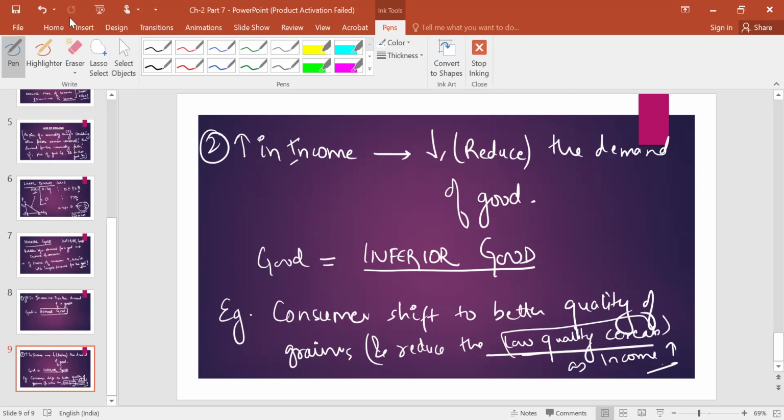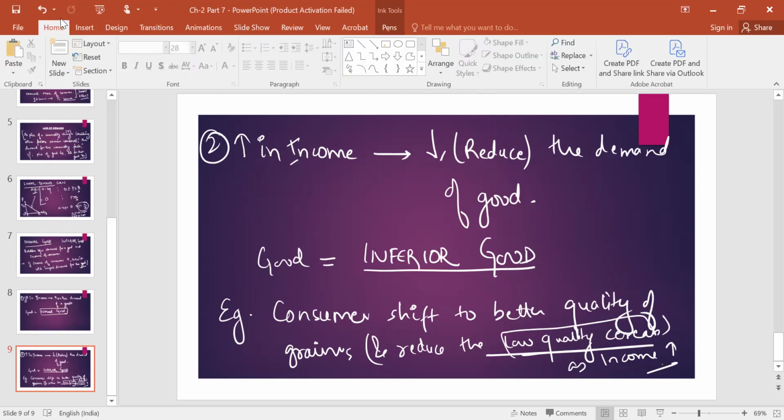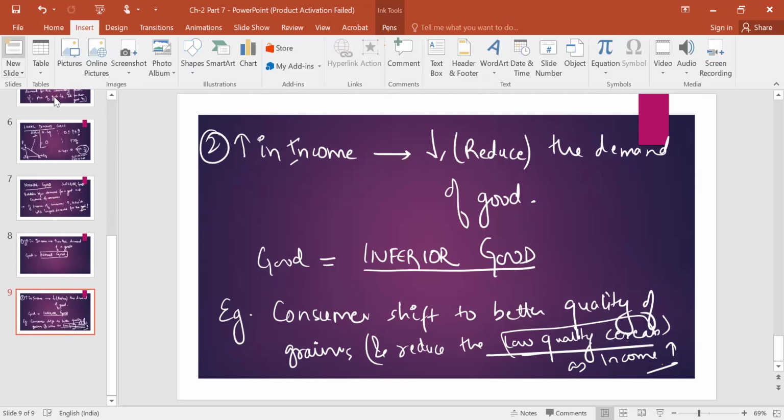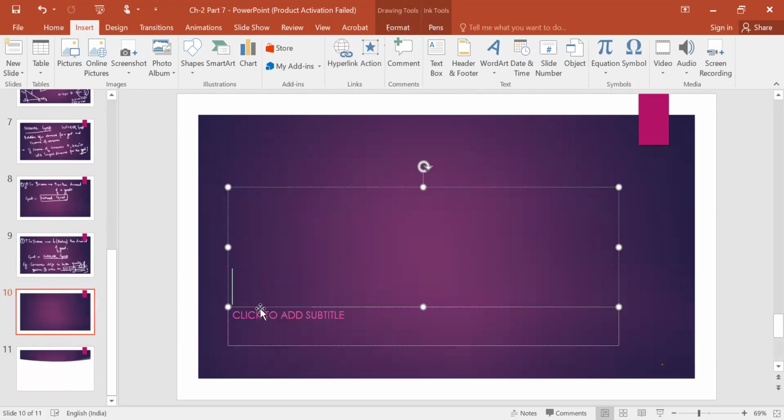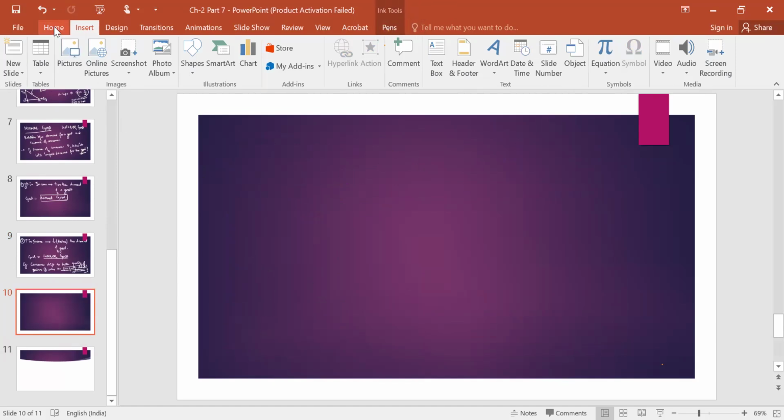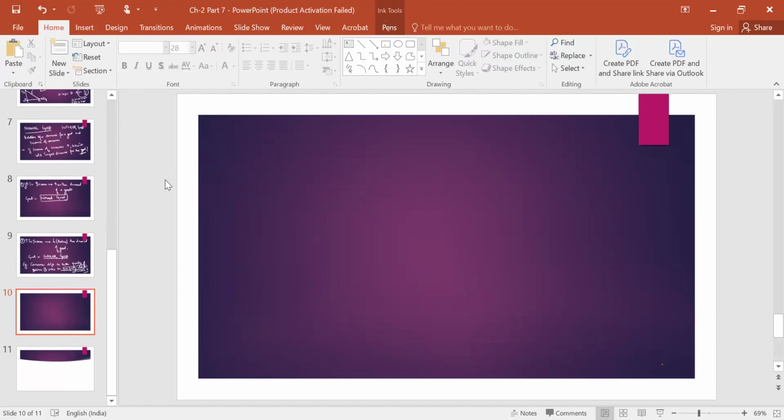Understood? Now, there is one more interesting part: sometimes the same good might be a normal good at a certain level of income, and an inferior good at other levels of income.